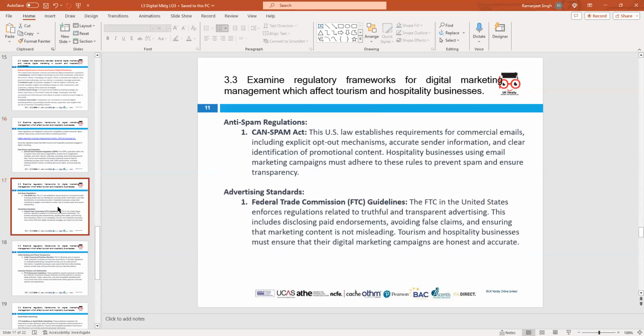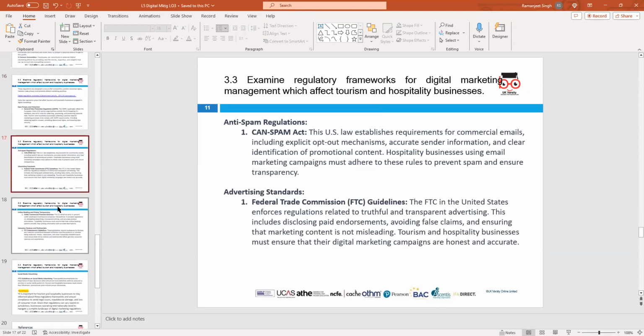Similarly, in other countries you have laws relating to anti-spam, or junk mail. Do you receive junk mail? Everybody does. So there's law regarding junk mail and spam.